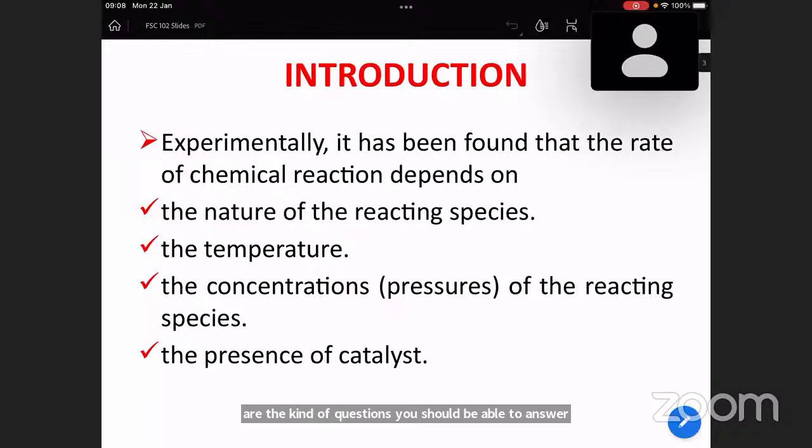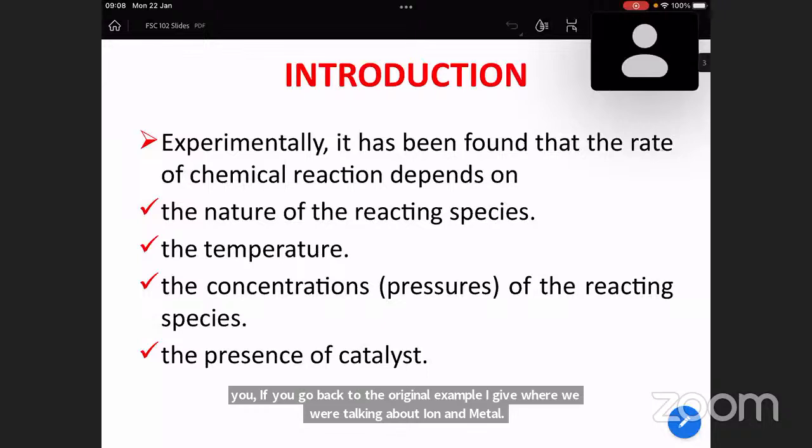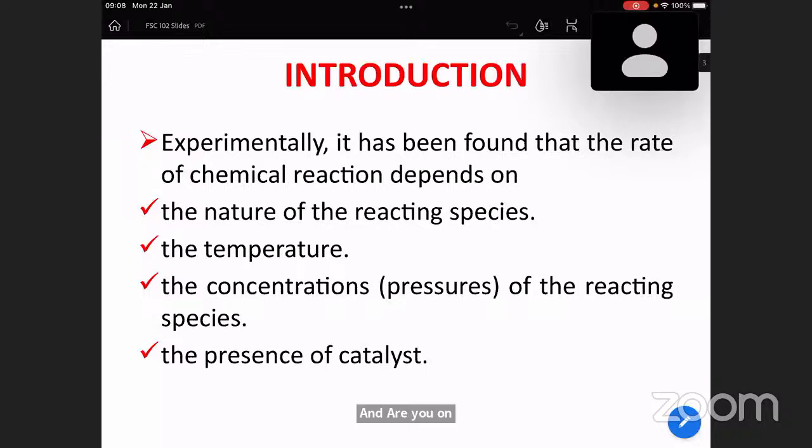Now, like I said earlier, we want to deal with those factors that affect the rate first. The number one factor is the nature of the reacting species itself. If you go back to the original example I gave, iron and water, and sodium and water.